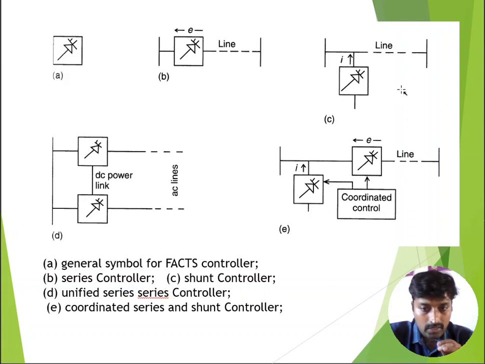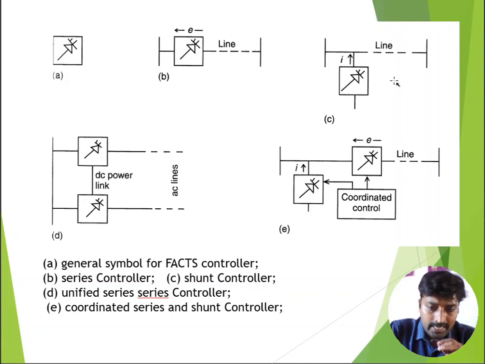Like that, you go to the shunt controller. Shunt controller means the controller is always connected in parallel to the transmission network. It is capable of injecting current into the transmission line.